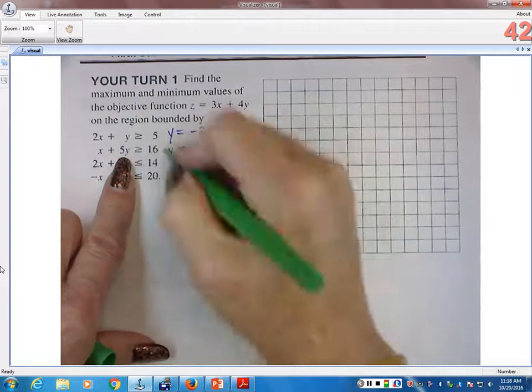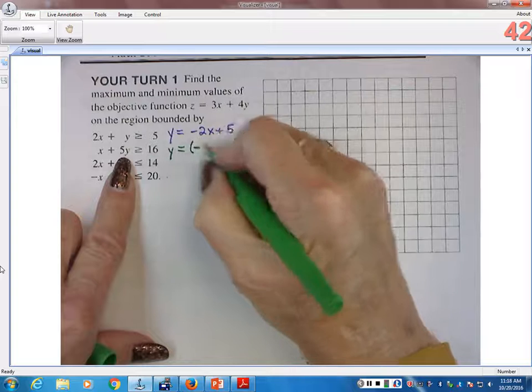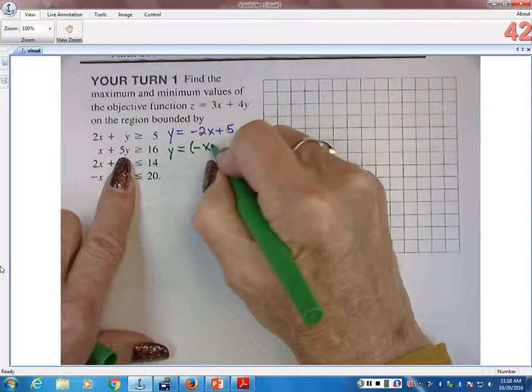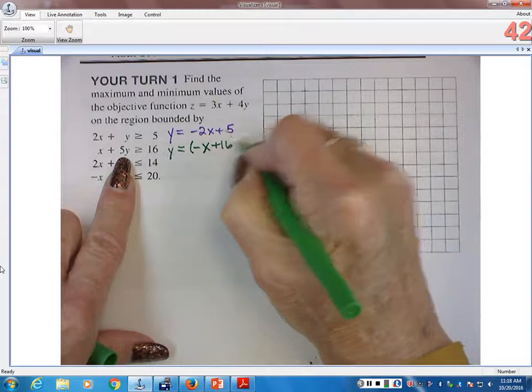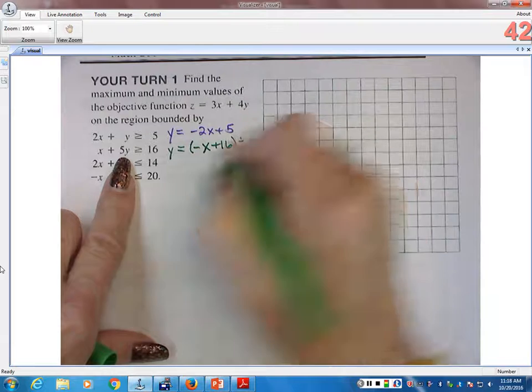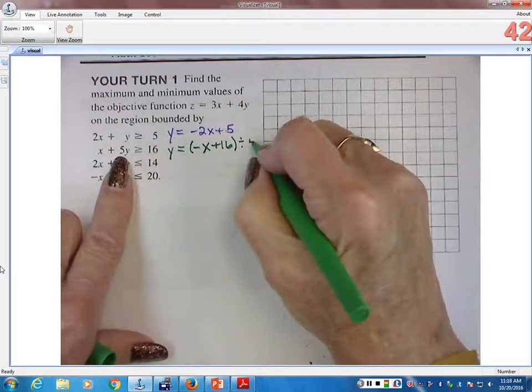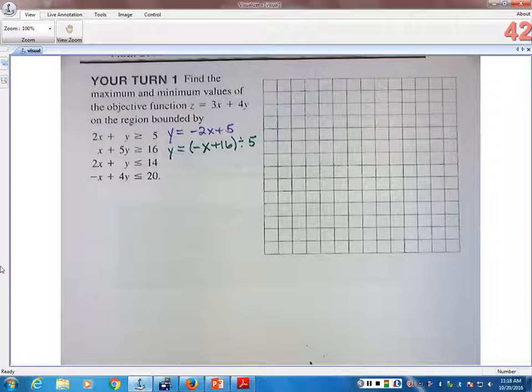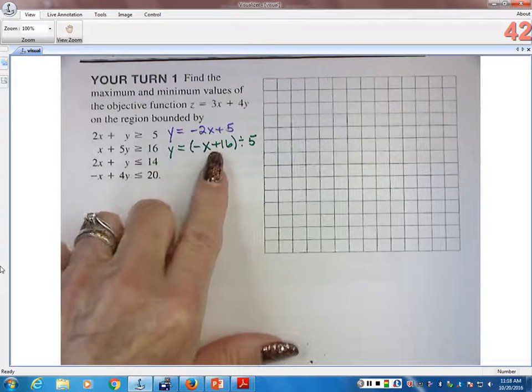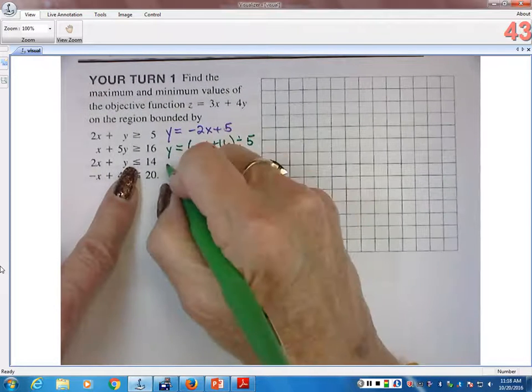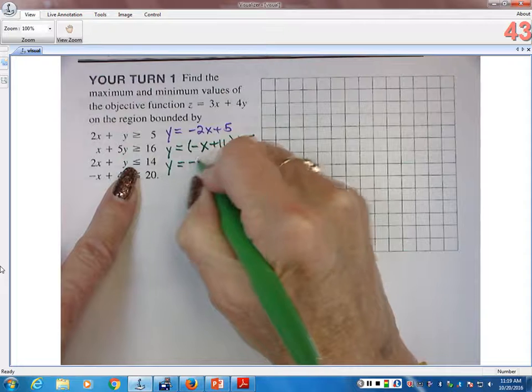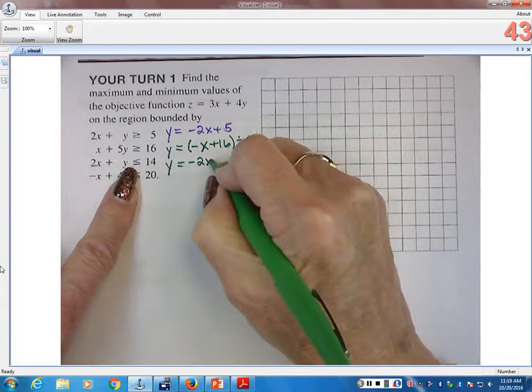I'm going to subtract x from both sides, and then I'm just going to divide by the number in front of y, which is 5. I'm not going to make all the fractions and stuff. Your calculator understands what that is just fine. And then this one is going to be y equals negative 2x plus 14.